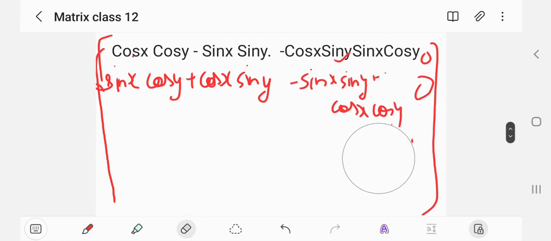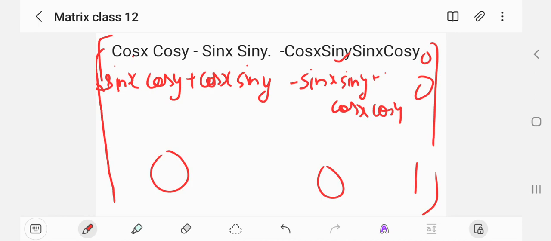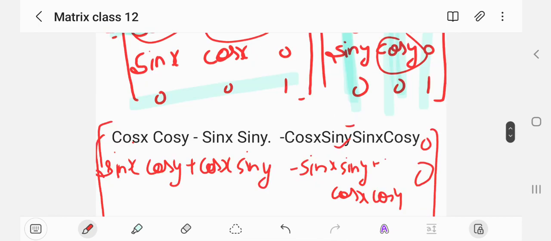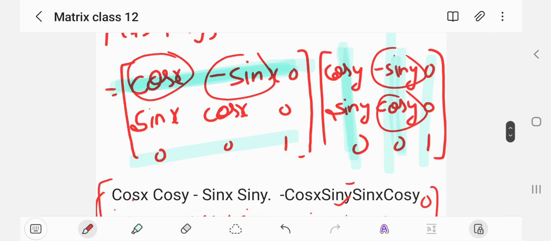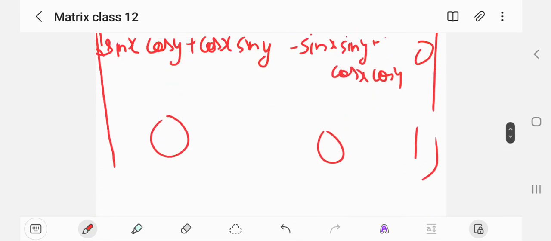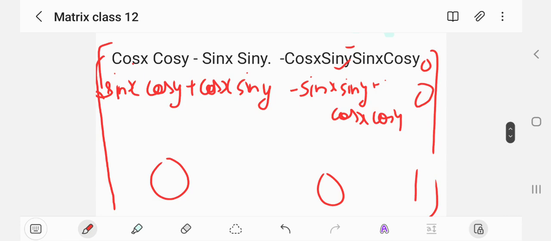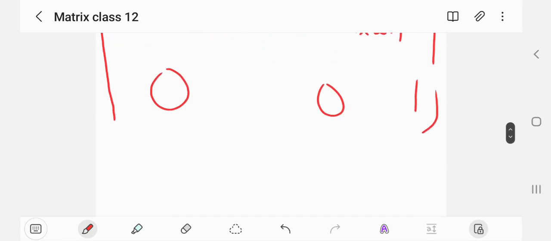Let me write it with some space: 0 here, 0 here, and 1 here. Here is a negative sign also. You know that here there should be a negative sign also. So here is a negative sign, right? This is my matrices, this is basically my left hand side.